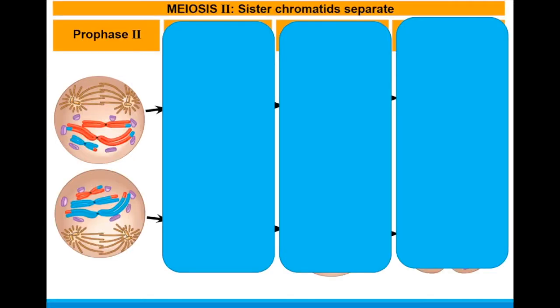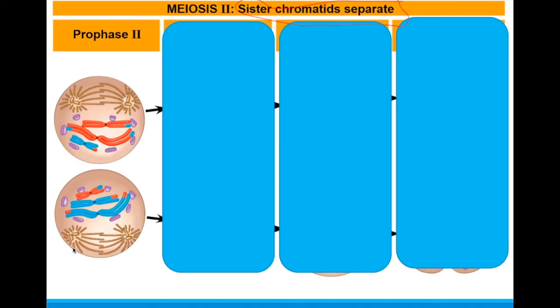So the next cell division is called meiosis 2. Meiosis 2 is dominated by sister chromatids separating. So instead, meiosis 1 was talking about homologous chromosomes. Meiosis 2 is talking about the division of sister chromatids.